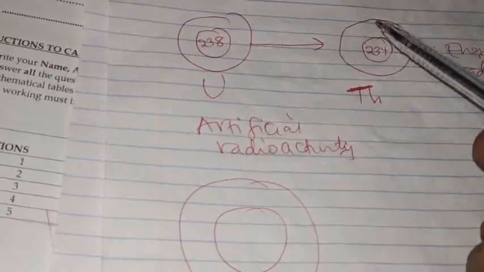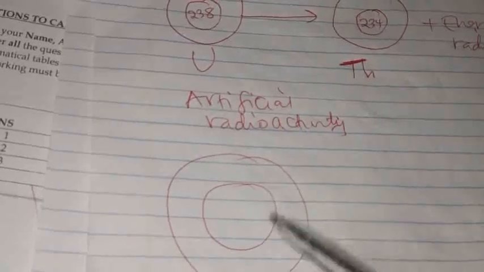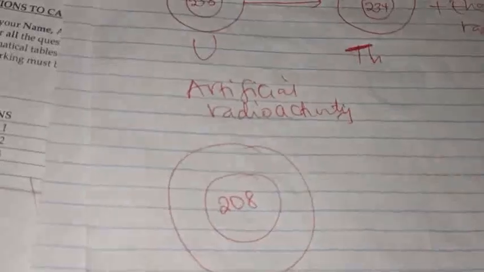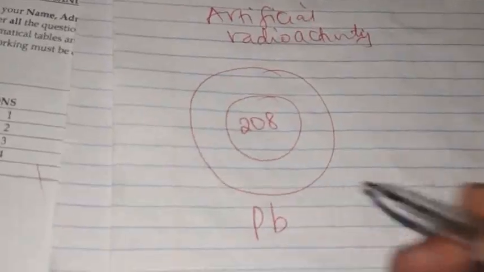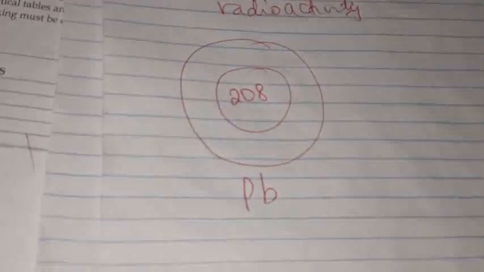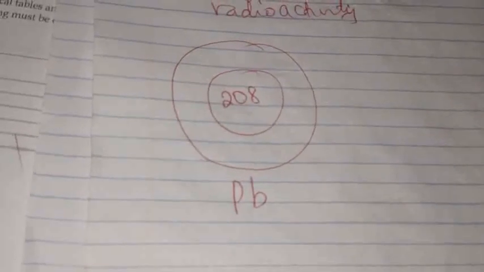of radiation and energy. In this other case, you'll find a large but stable nuclide, let's say for example 208 for lead, capital P small b, a large stable nuclide like that of lead getting bombarded with a fast moving high energy particle.